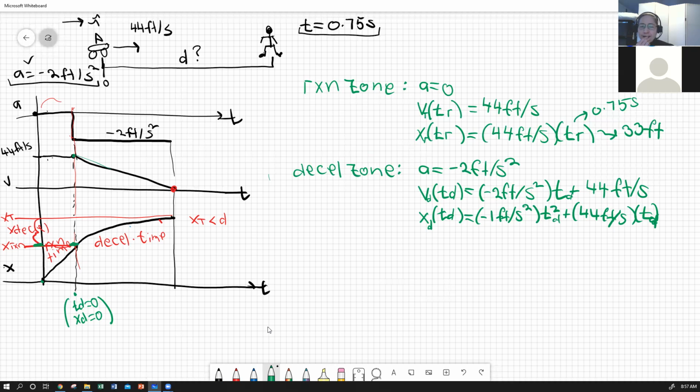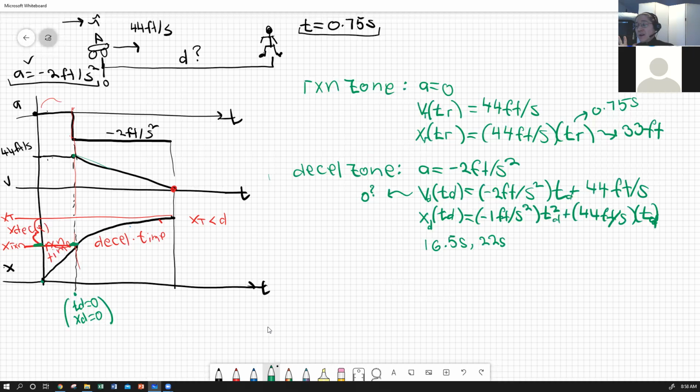Okay, so let's see, how long do I stay in the deceleration zone? How long do I decelerate? 16.5 seconds. Well, what happened? Oh, we got another vote of 22 seconds. What happened to conclude my time of deceleration? Yeah, I stopped. So where does this equal 0?